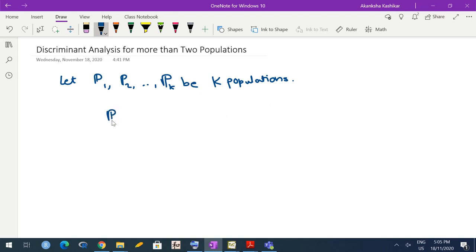So population i is p-variate normal with mean vector mu i and variance covariance matrix sigma. Please note that we are again assuming sigma to be common for all the populations. And of course we will assume that mean vectors are different, because if mean vectors are also the same, then there is no point in discrimination.